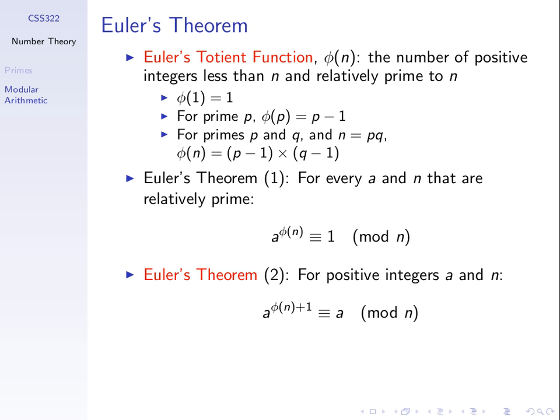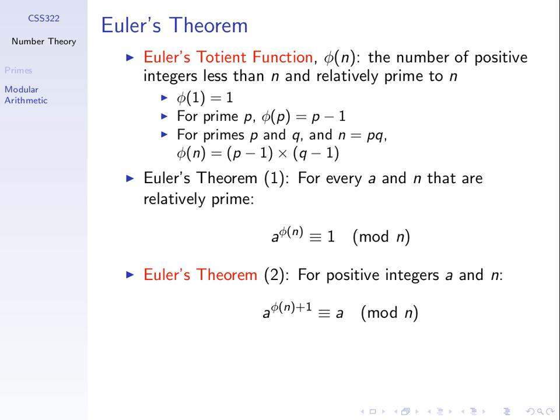N is 11, our modulus. What's the totient of 11? 11 is a prime number, therefore the totient of 11 is 10. So this has the format of our theorem here.